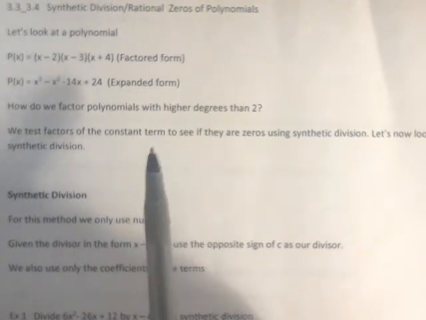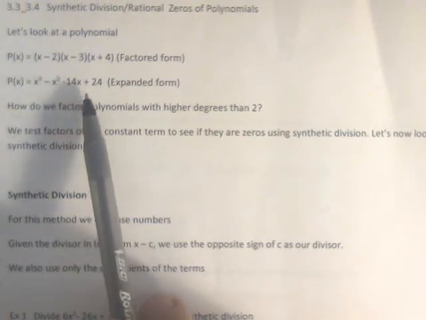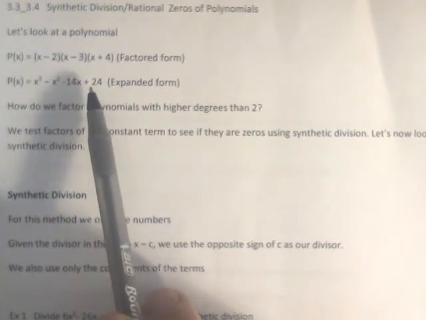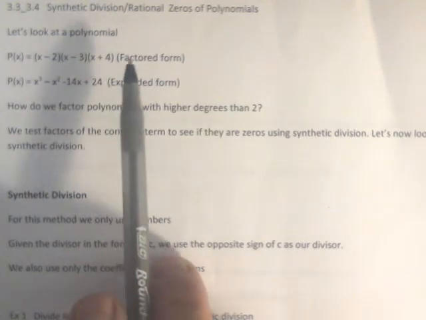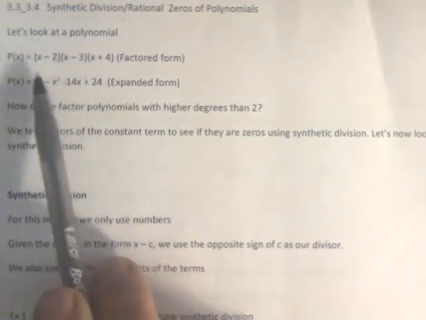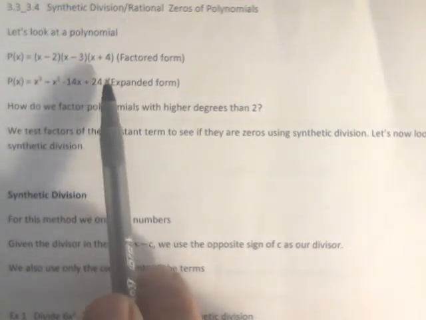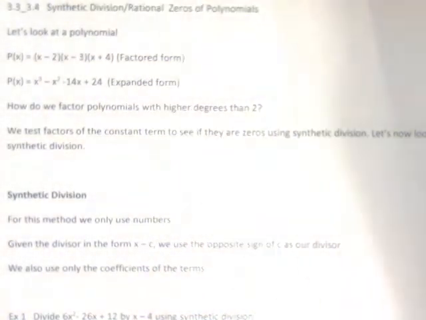The difference is when you're dealing with two choices with quadratics, your field is narrowed down greatly. When you have polynomials of degree 3 or higher, there could be lots of choices that could work to give me this value. So we can't do trial and error, or we'd be here possibly for a long time.